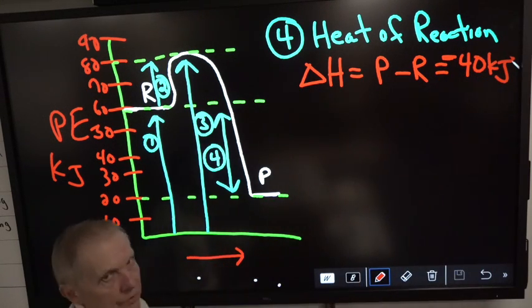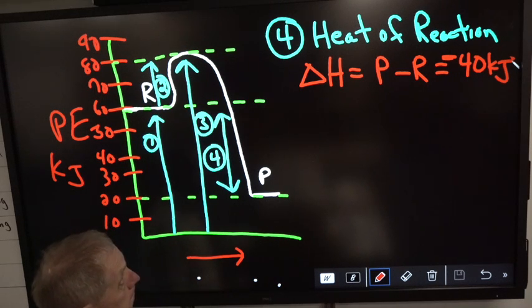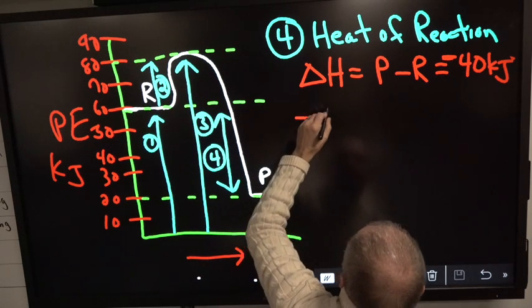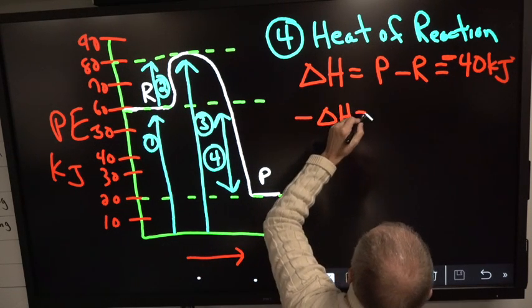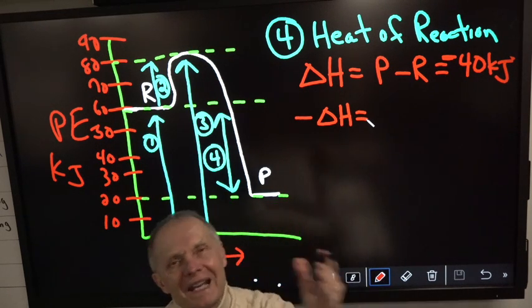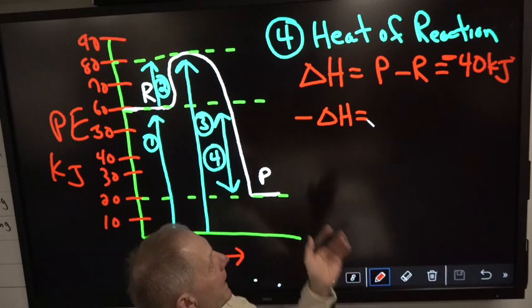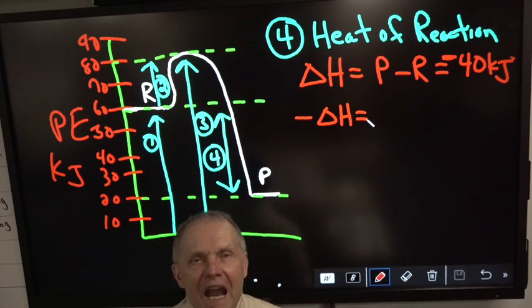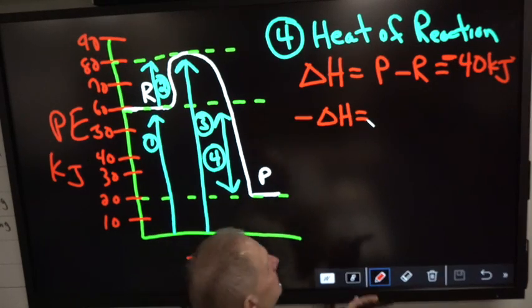Negative 40 kilojoules. Now, watch. If we have a negative delta H, that means more energy was given off than added in. So whenever you see a negative delta H, that means it's an exothermic reaction.